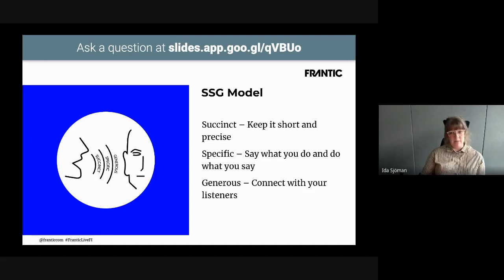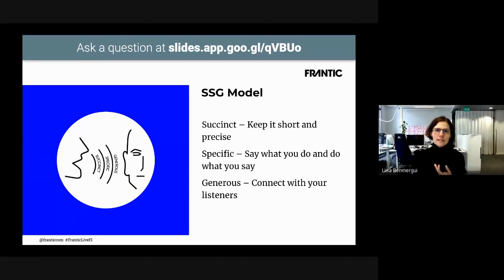And then be generous. This is really important. Make sure that you're equal and you're helping people to communicate. As a facilitator, that's your role. Your role is not so much giving your opinions, but facilitating the conversation and making sure everyone's voices are heard equally. I think that's really important to remember.